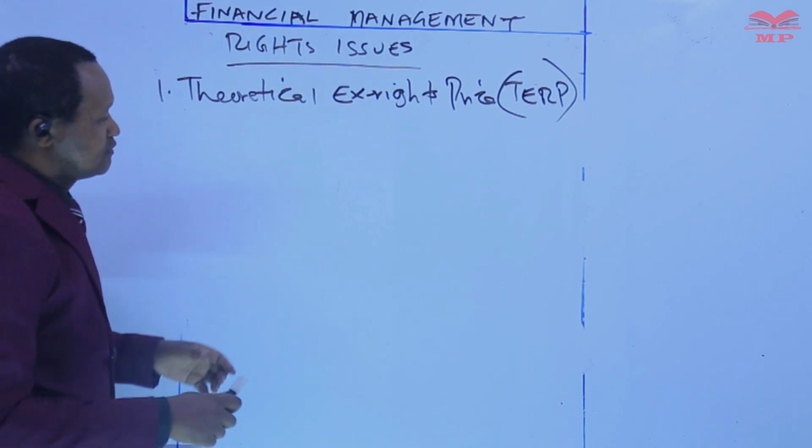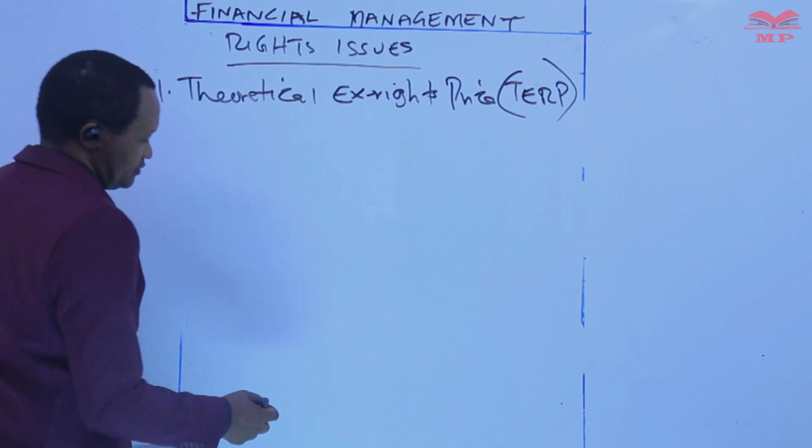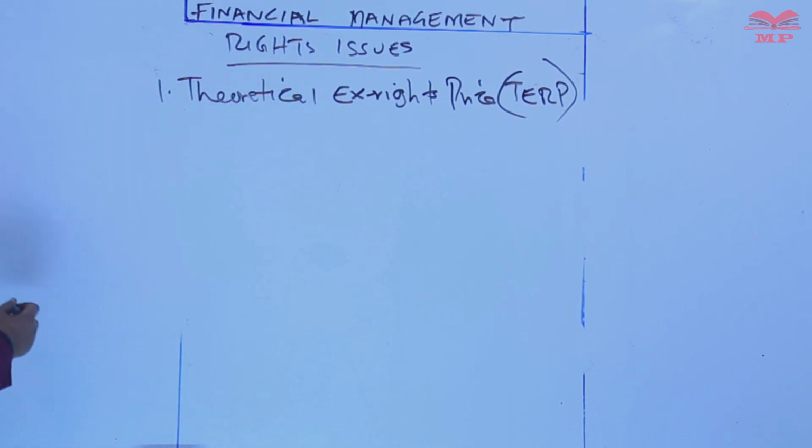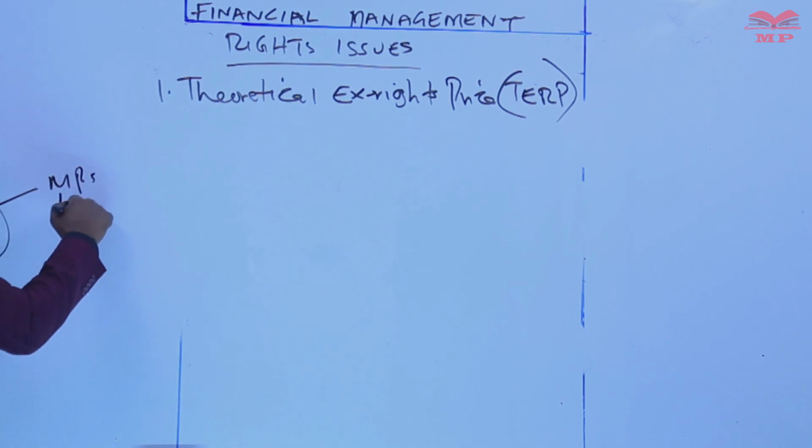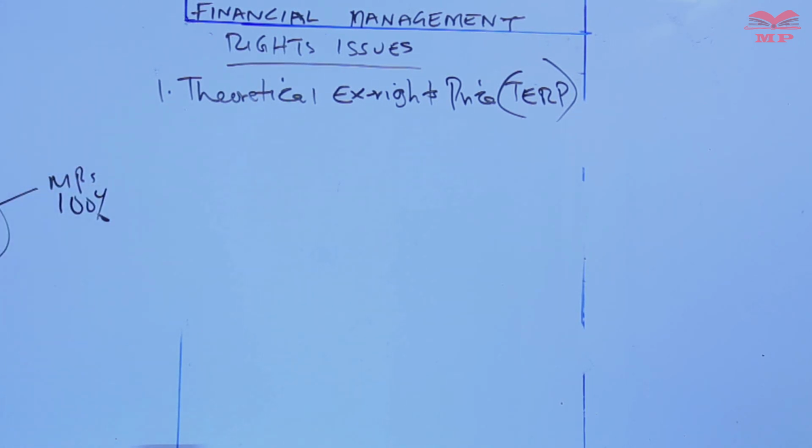I gave an example here of MP Limited. MPS, market price per share, before the rights issue, was 100. Then it issued rights at 90 shillings.